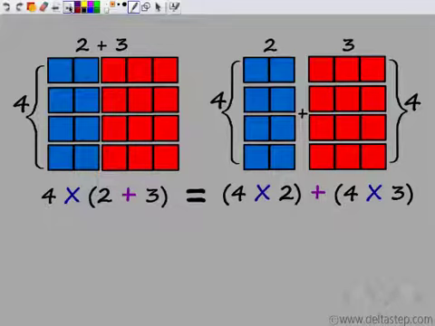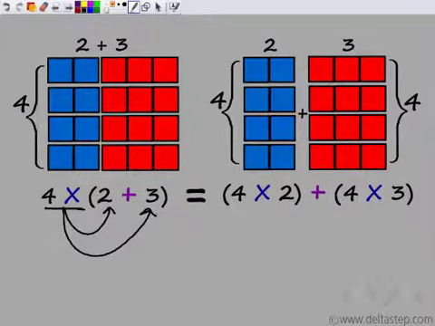What I have done is, if you're multiplying a number and there's addition inside, you can take this 4 into 2, plus it remains as it is, then again 4 into 3. So this 4 into is being distributed over addition.